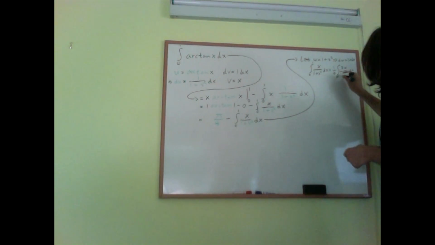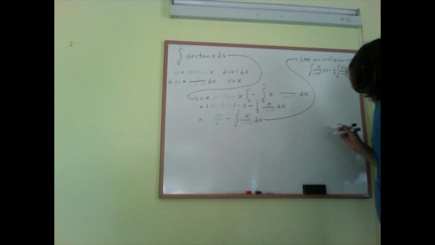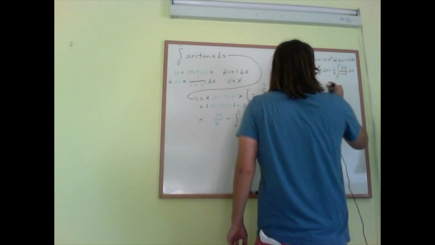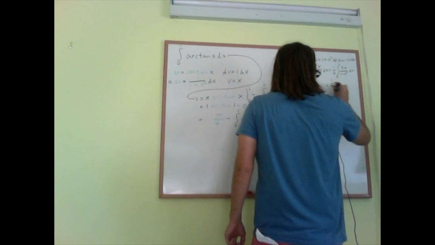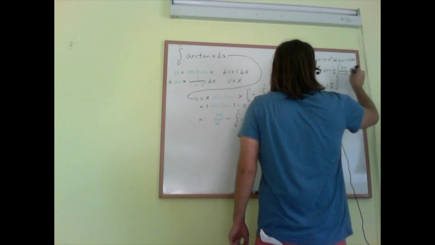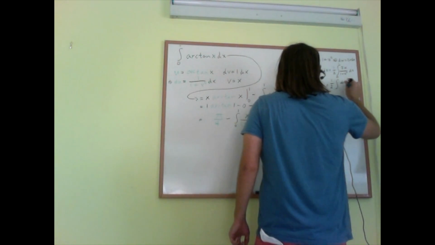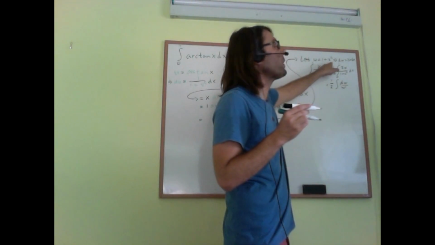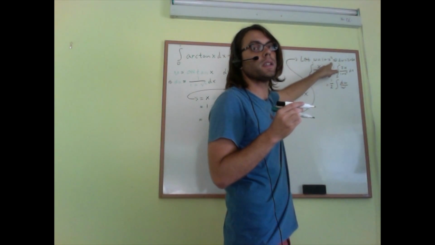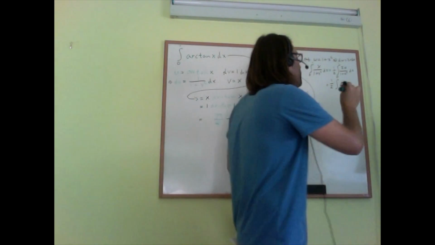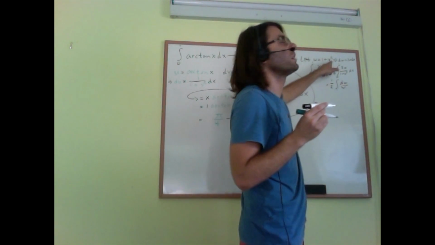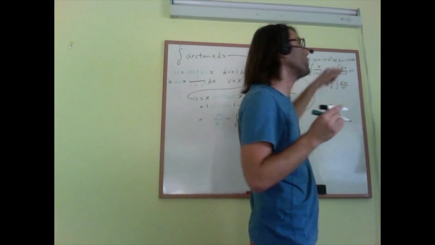And this is 0 to 1. So this is the same as 1/2 integral. There's our dw right there. And of course the bottom is our w. Now, if x is 0, w is going to be 0 squared plus 1, which is 1. If x is 1, w is going to be 1 squared, which is 1 plus 1, which is 2.